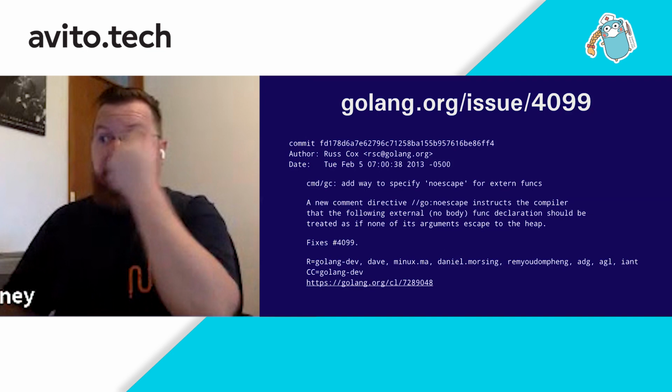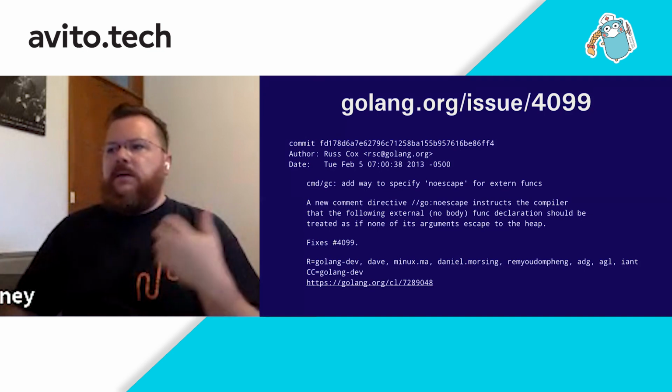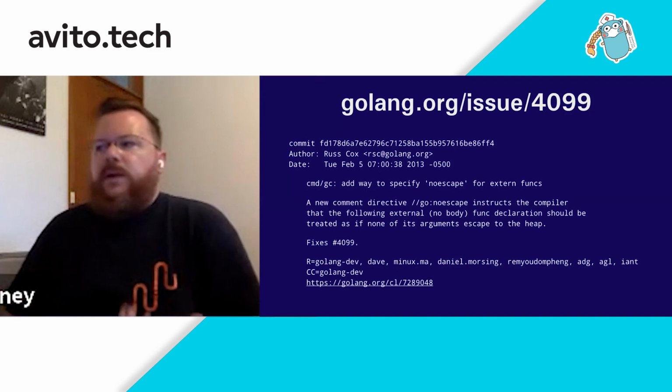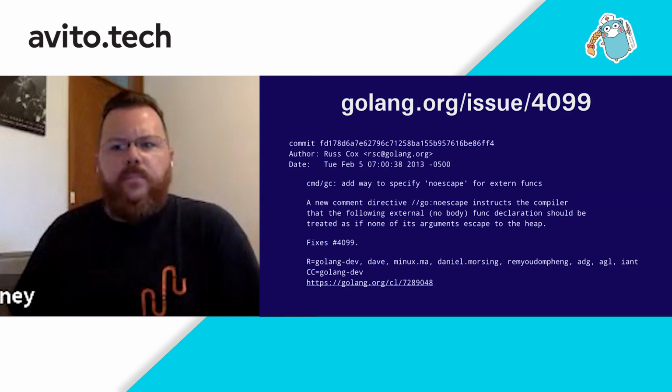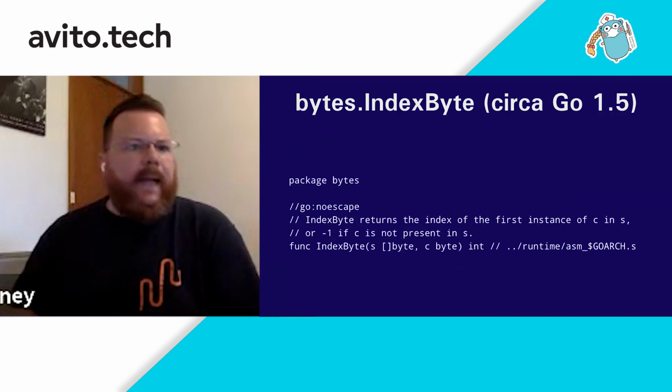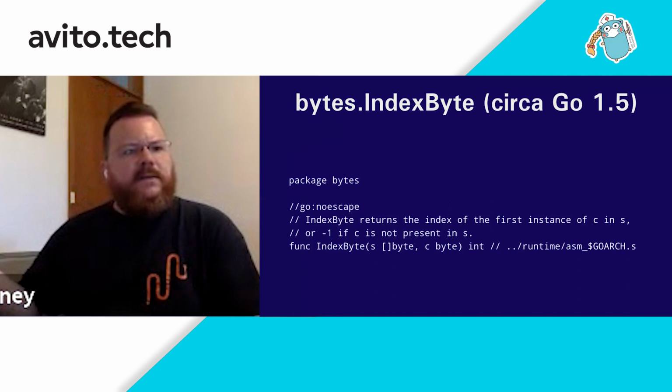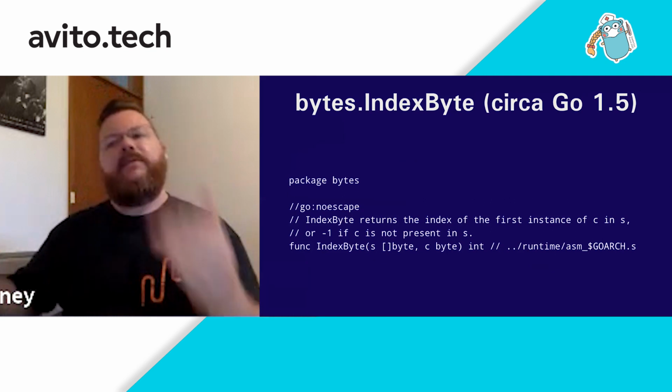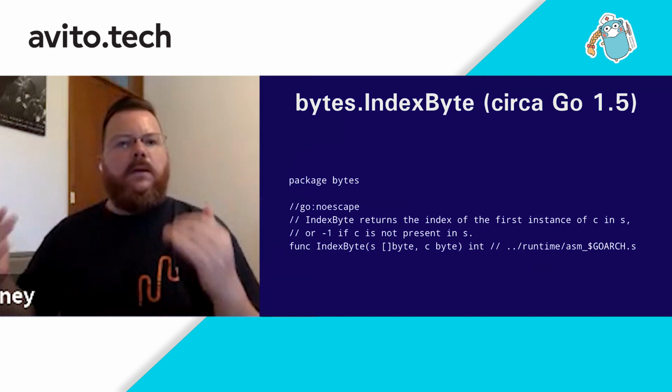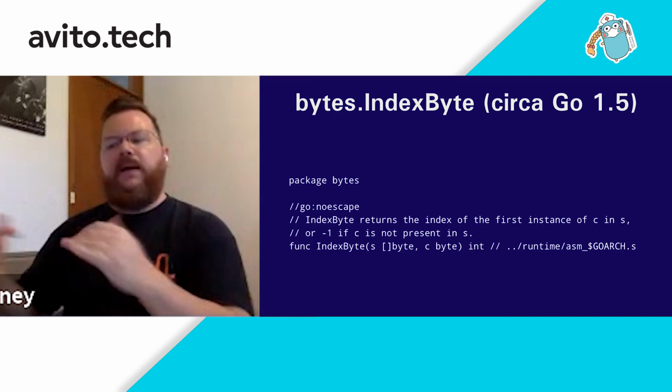And so this was where noescape came from. And this is precisely what it does. It says to the compiler, the next function that you see, it assumes that none of the arguments escape.